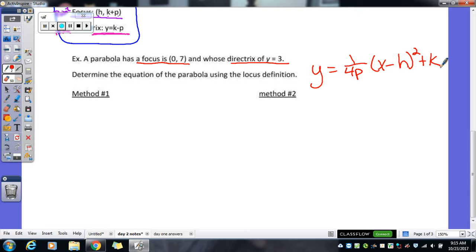So y equals 1 over 4p times (x minus h) squared plus k. So the things we need to know are our vertex, and we need to know the value of p.